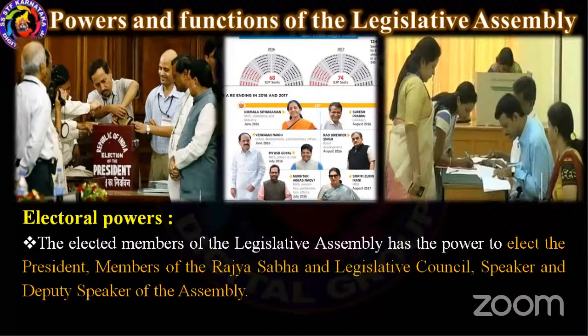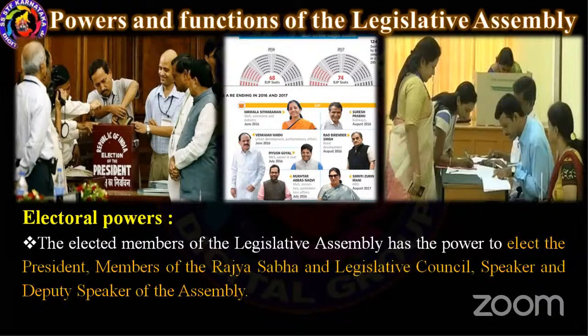Here, electoral powers. The elected members of the Legislative Assembly, all those representatives. For example, our Indi constituency MLA Asundra Patil has the power to elect the president, members of the Rajya Sabha in the central government, the legislative council, and also the speaker and deputy speaker of the assembly.